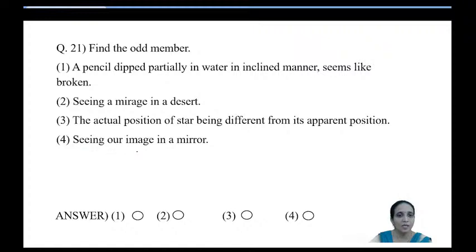Seeing our image in mirror. You will see that first, second and third, these options are related to refraction. The fourth one is the odd one out. So your correct answer is the fourth option, seeing our image in a mirror.